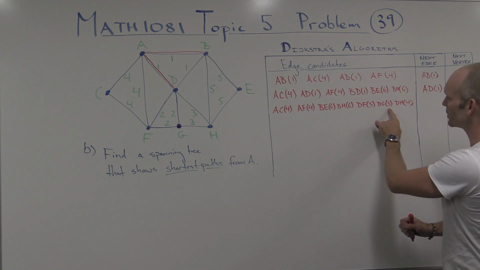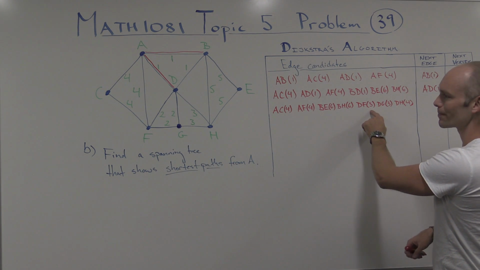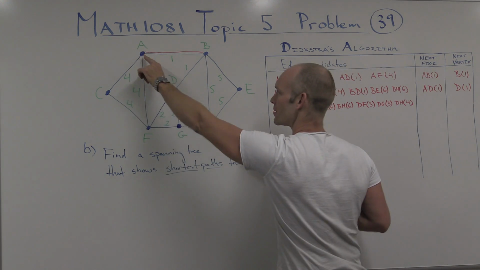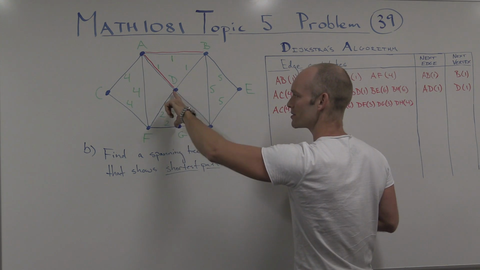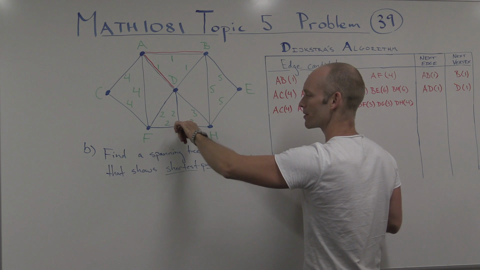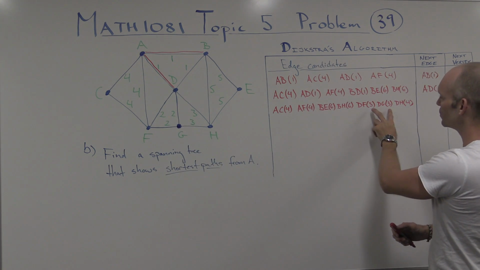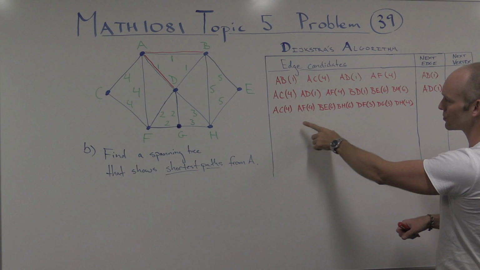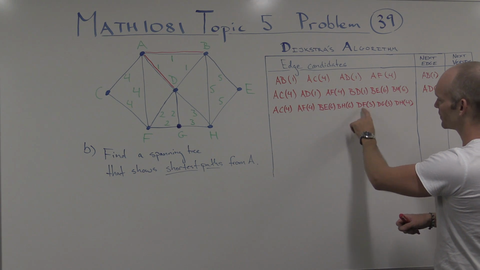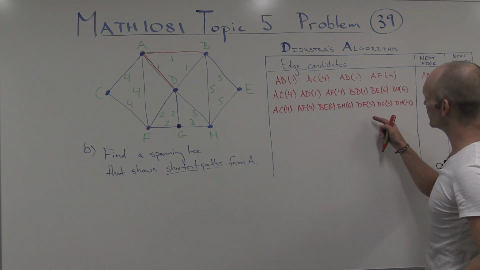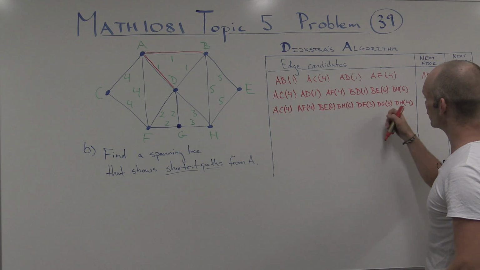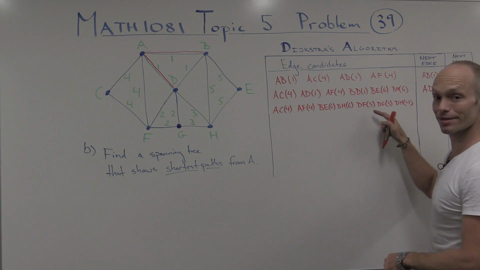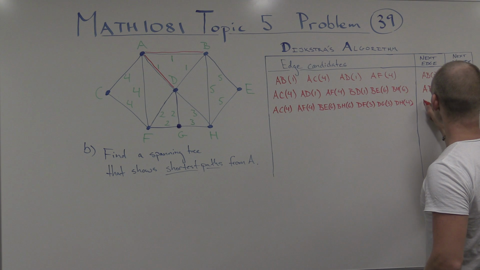So that's where that 3 comes from. And similarly to G, A to D to G, if we added this edge here, we'd get a path of length 3. So we have 2 paths of length 3, and all of the rest are longer. So we can either choose to add this edge or this edge. Let's just choose this edge. So DF.